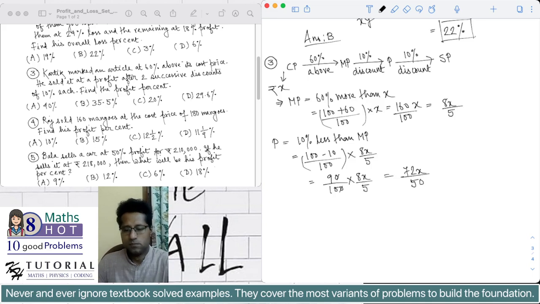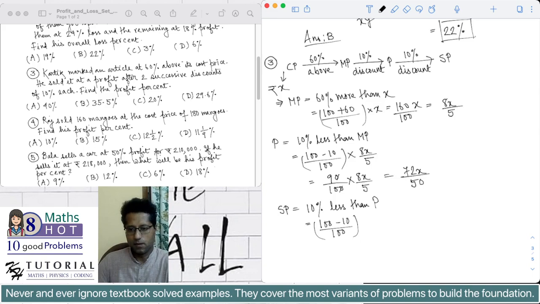Okay, now the final selling price will be after a 10% discount on P, so the final selling price will be 10% less than P. This is equal to (100 minus 10) divided by 100 multiplied by P, and P is 72X by 50. This is equal to 90 by 100 multiplied by 72X by 50.